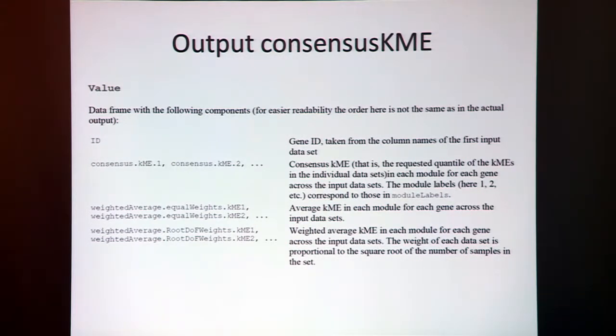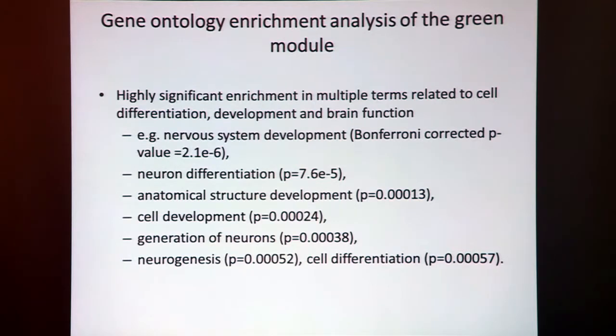Then there are weighted averages, weighted by the sample sizes, and then Z statistics, P values, and even Q values, everything. But here it turned out, I think we just used the average KME, it didn't have too much of an effect. And so then you can ask, well, what is known about genes that co-locate with these age-related CPGs?